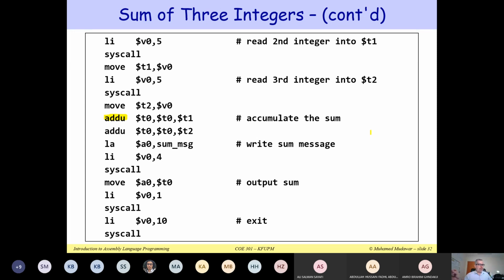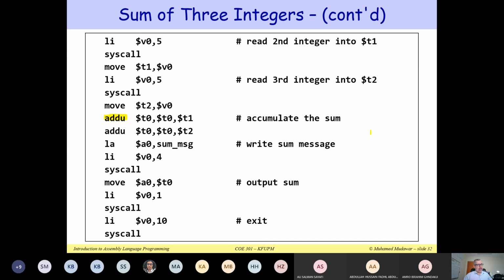The U here means unsigned, but the real difference is that add is going to detect overflow. In the case when you are dealing with signed integers and there is overflow, the add instruction is going to generate an exception. Whereas with ADDU, even if there is an overflow, the overflow will be ignored.